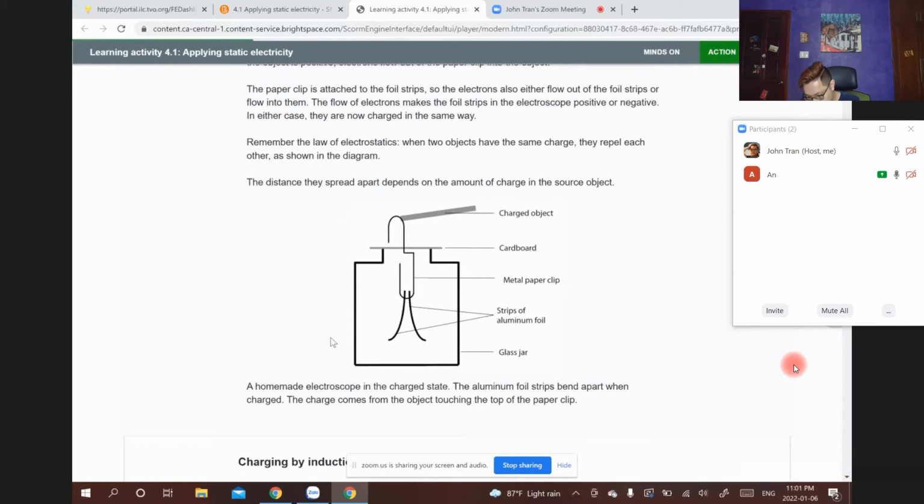A homemade electroscope in the charged state, the aluminum foil strips bend apart. When charged, the charge comes from the object touching the target.